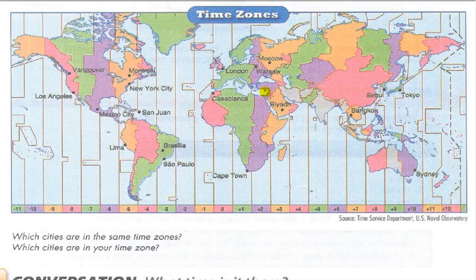Riyadh, Kuwait, Qatar. Just 1 hour difference. The difference is about an hour. خلي بالنا ان الرياض، الكويت وقطر بيفرقوا في التوقيت عن القاهرة حوالي ساعة واحدة بس.